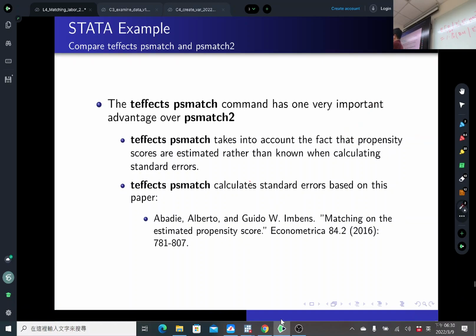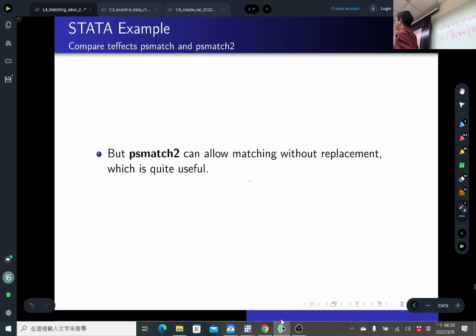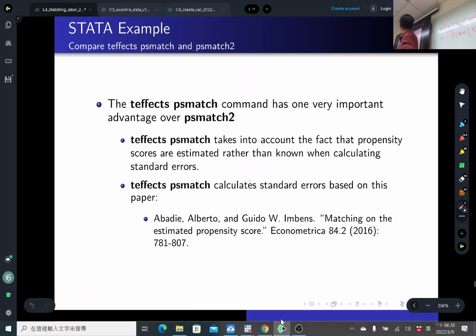The replacement is like the very first example where one was used multiple times. With psmatch2 you can do it so that it's not used more than one time, and you can also do with replacement, so it can do both. But teffects can only do it with replacement, which means it will be used multiple times. Yes. But it can calculate the standard error correctly.